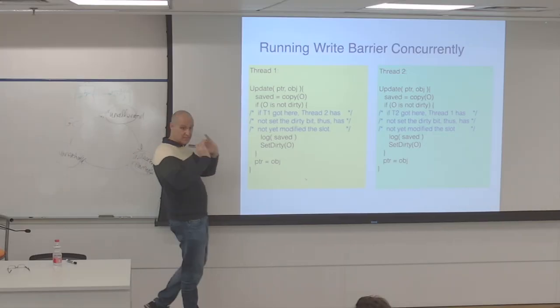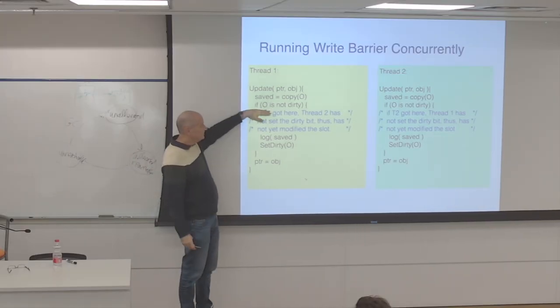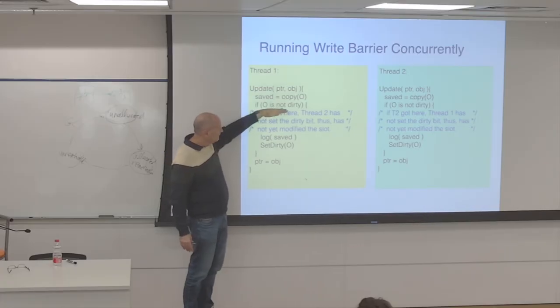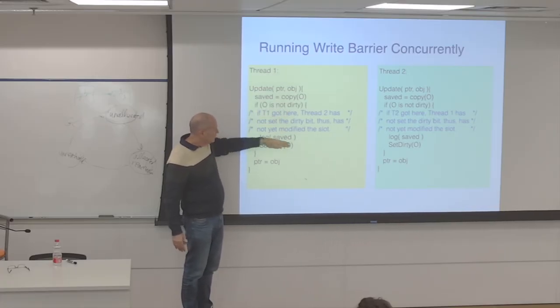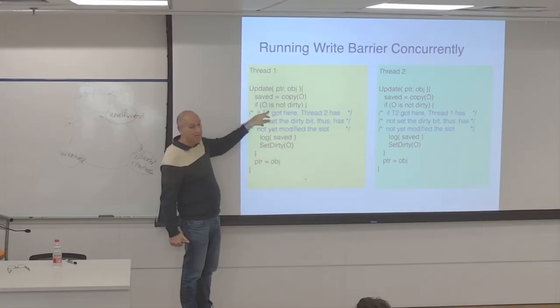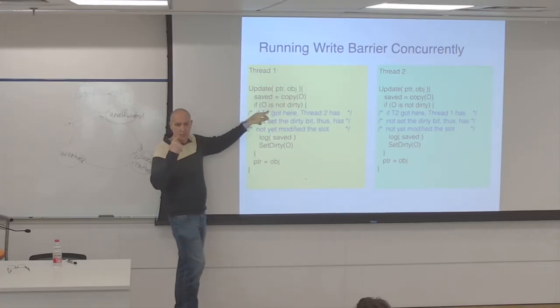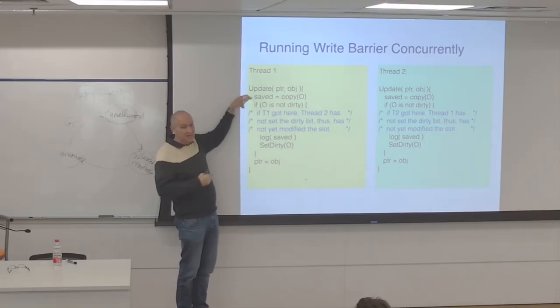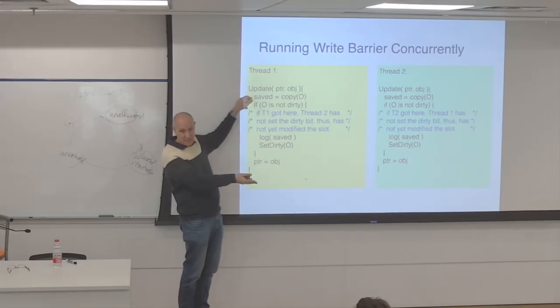Right, let's see what happens in exactly the same conditions. So two of them see the object is not dirty and they want to log its values. So now what can happen? If one of them goes and logs, sets the dirty bit and changes the pointer, this guy already read it, so it will not see the new pointer as it was changed, because it read it before. So you can ask, what if it read it after the other guy has changed it?